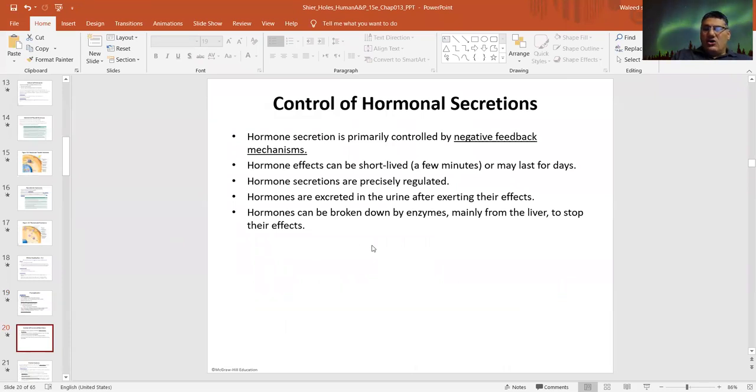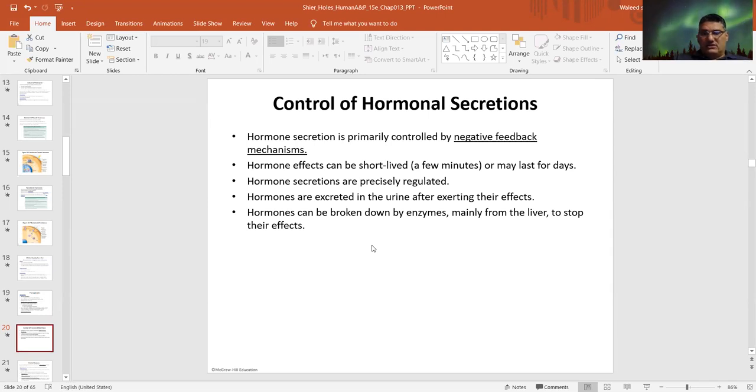Now, when these hormones are secreted, it goes like a cascade. Let's say CRH, which is corticotropin-releasing hormone, coming from the hypothalamus. It will go to the next, which is the anterior pituitary, and the anterior pituitary is going to secrete ACTH, which is adrenocorticotropic hormone, that will go to the adrenal cortex, and the adrenal cortex will secrete its secretions.